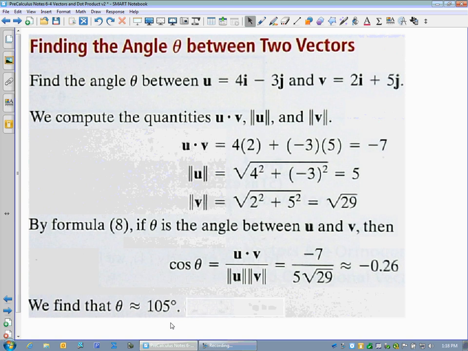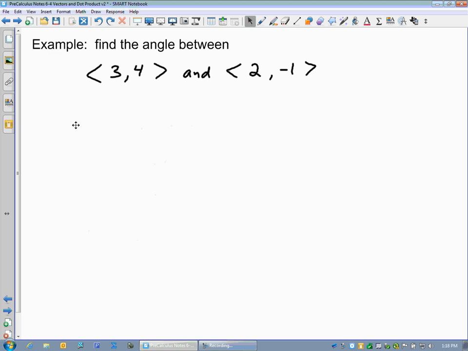Now, speaking of the calculator, there's one other thing I want to show about the calculator. So we're going to do one more of these. And this time we want to find the angle between these two vectors. It's 3, 4, and 2, -1. We're first going to start out with the quantity u dot v.